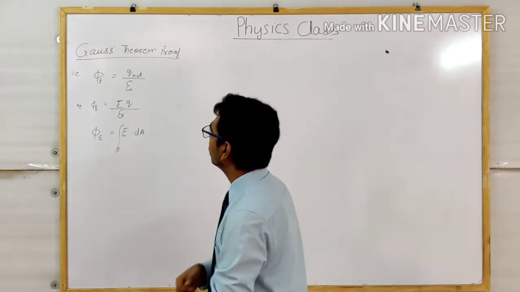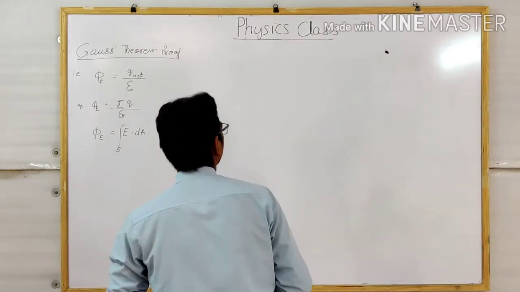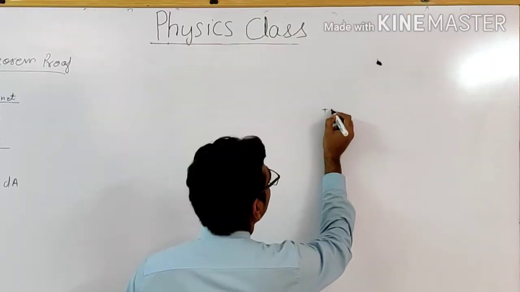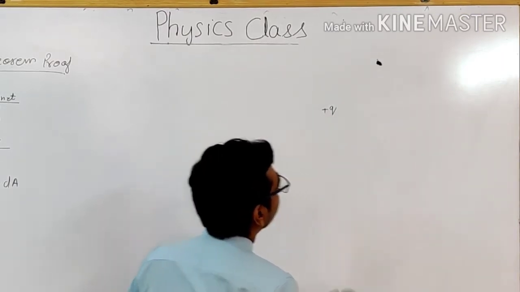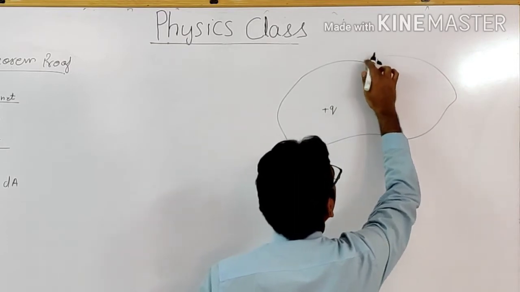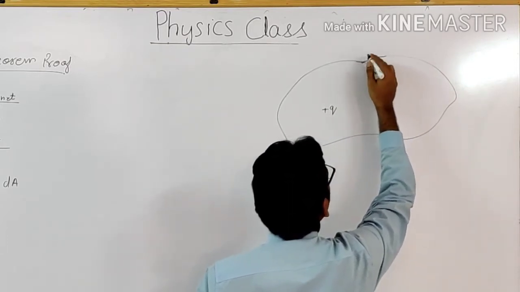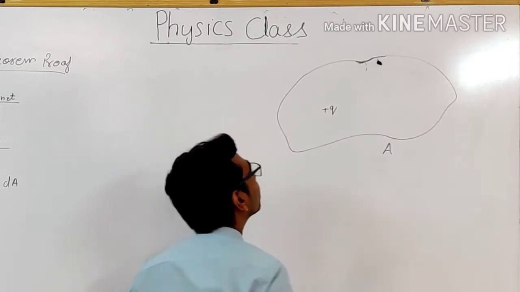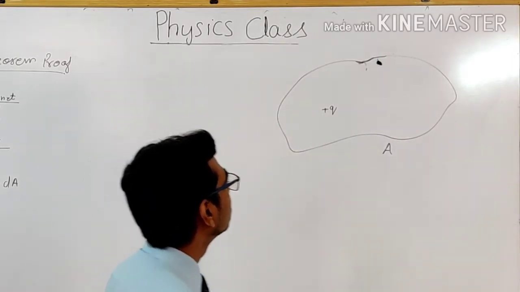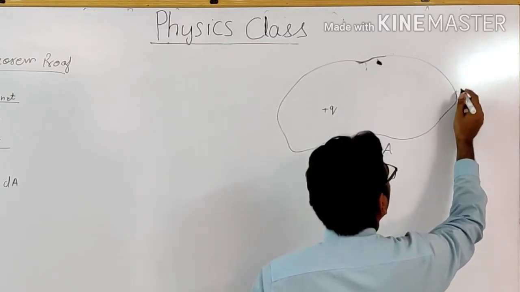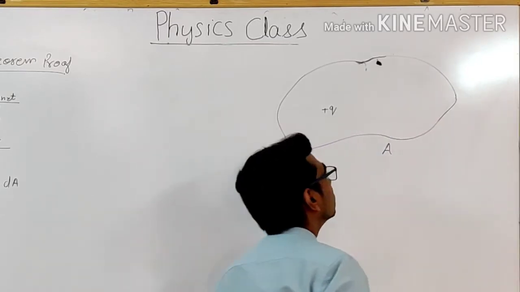For this, we'll begin by taking a charge plus q which is inside some closed surface. Let this charge be inside a closed surface of total area A, and we want to prove the Gauss theorem.